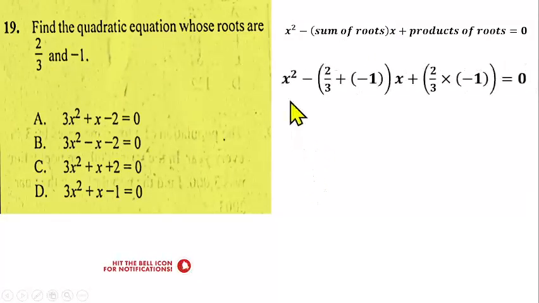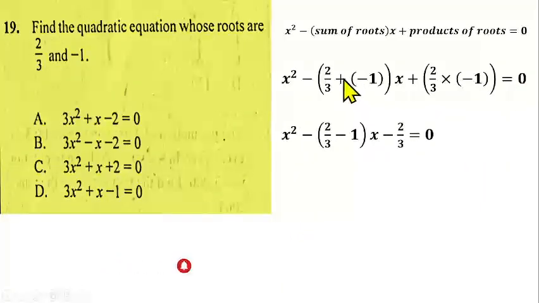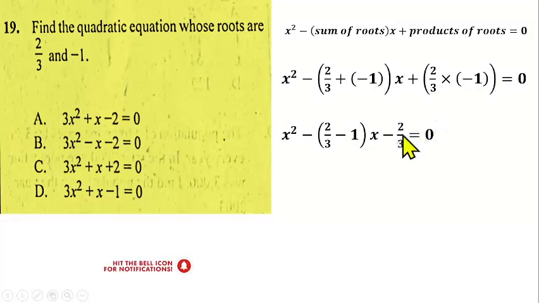So you'll have x squared minus open bracket 2 over 3 plus minus 1 multiplied by x, plus the product of the roots, 2 over 3 times minus 1, equals 0. Simplifying further, plus times minus gives a minus. Then x squared minus 2 over 3 minus 1 x, then minus 1 times 2 over 3 gives minus 2 over 3 equals 0.